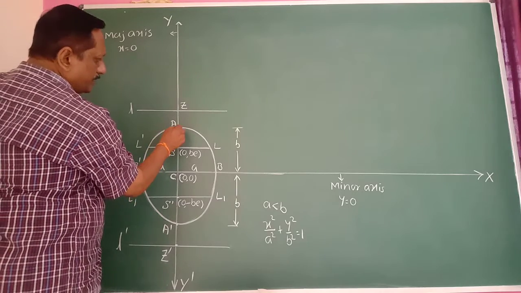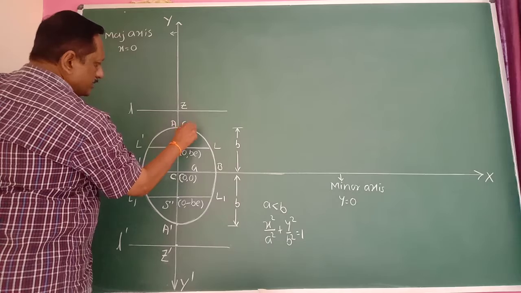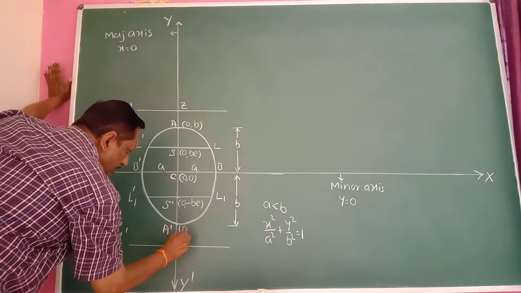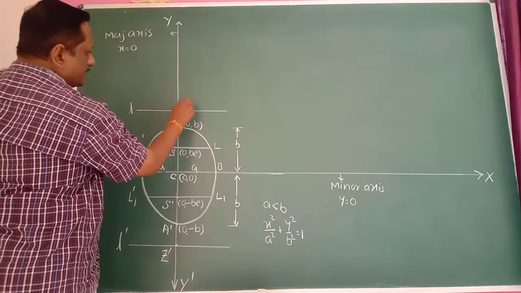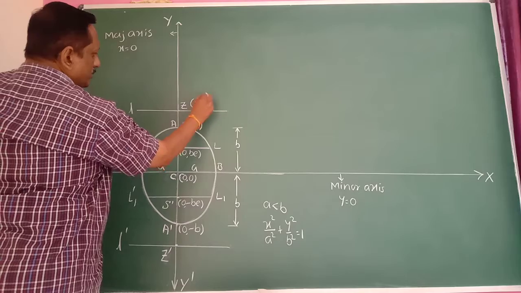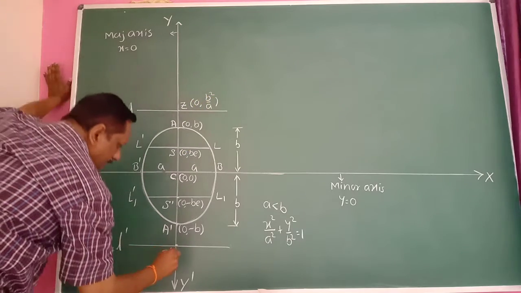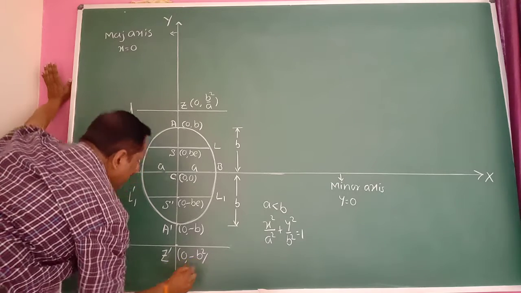The coordinate of point A is 0 comma b. The coordinate of A dash is 0 comma minus b. The coordinate of Z becomes 0 comma b square divided by a, and the coordinate of Z dash is 0 comma minus b square divided by a.